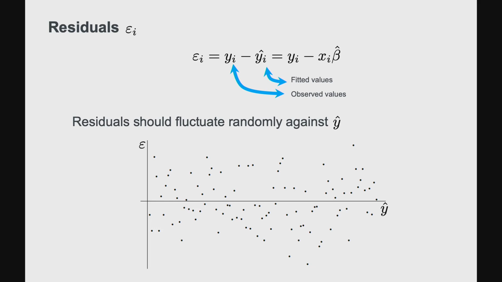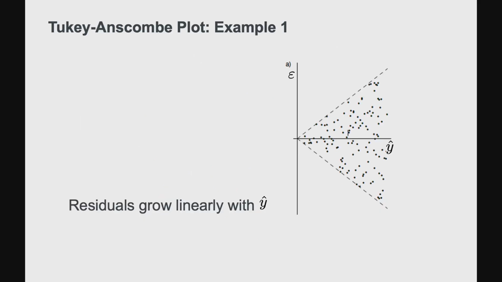Then our residuals, our noise, should fluctuate randomly around 0. So this would be a picture that we would expect: it fluctuates as we change our values.